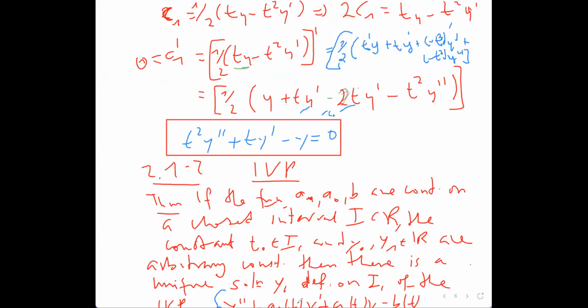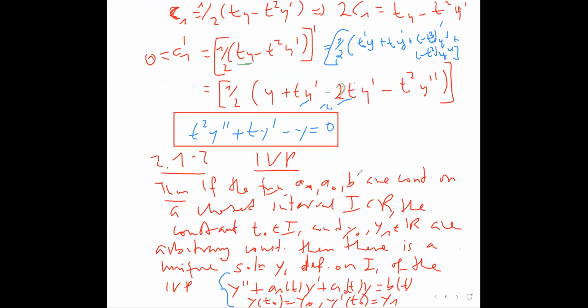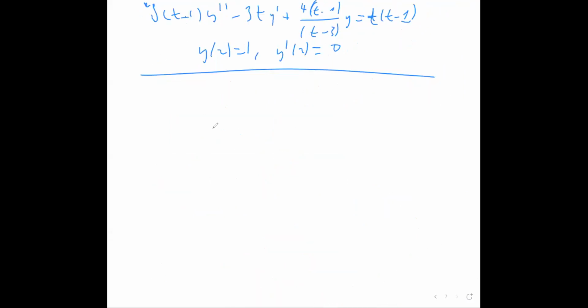So you write y'' minus 3t over (t minus 1) y' plus 4 over (t minus 3) y is equal to t.